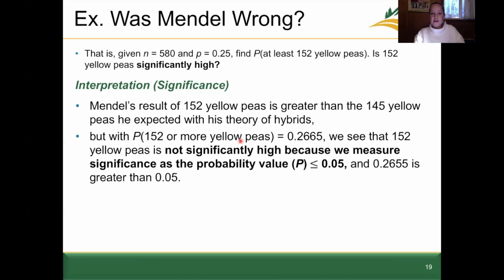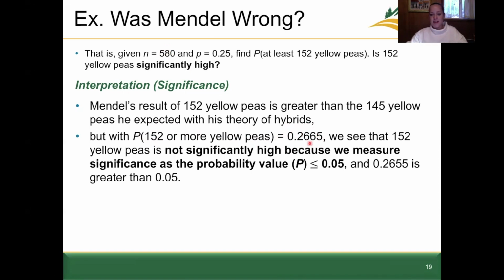In the steps to do so, we had to use the continuity correction to figure out our range of X values rather than using one discrete X value. When we did that using Excel and table A2, we got about 0.2665 as the probability of getting 152 or more yellow peas amongst his N number of 580 trials, or 580 pea plants.